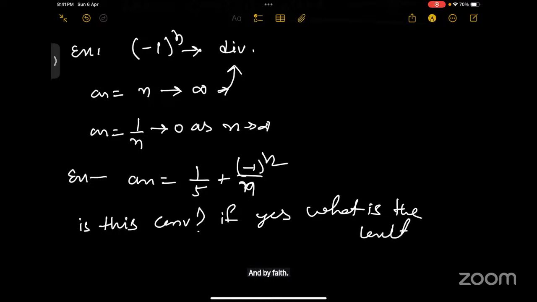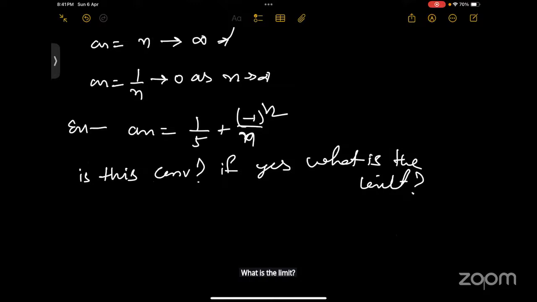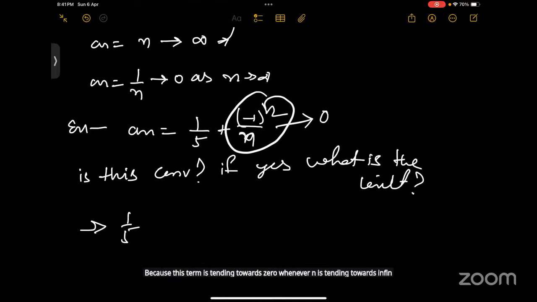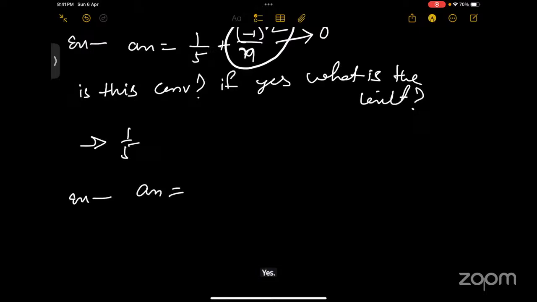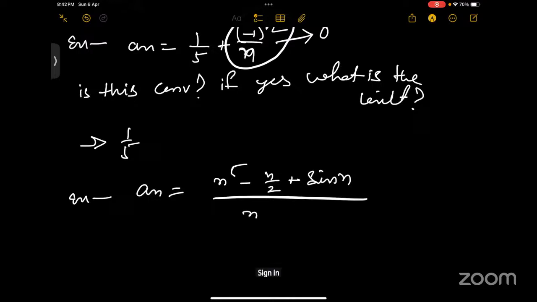Correct, the limit is 1/5 because this term is tending towards 0 whenever n is tending towards infinity, right? Then one typical example: if I have n power 5 minus n by 2 sin n by 5, what is the limit of this sequence?